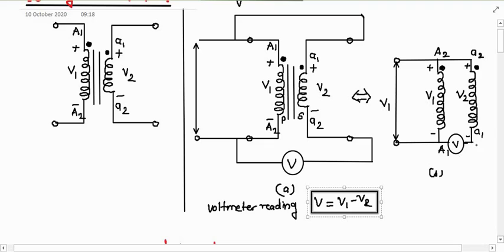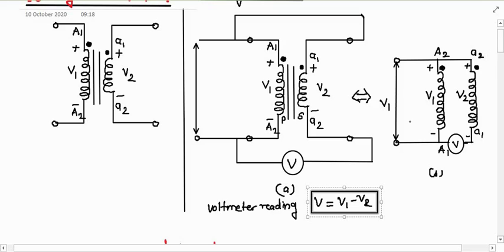Means this voltmeter is indicating the difference between the two voltages, V1 minus V2, means the polarity marking of the transformer is like this, means dot. Both the ends of the two windings are becoming positive or negative simultaneously.